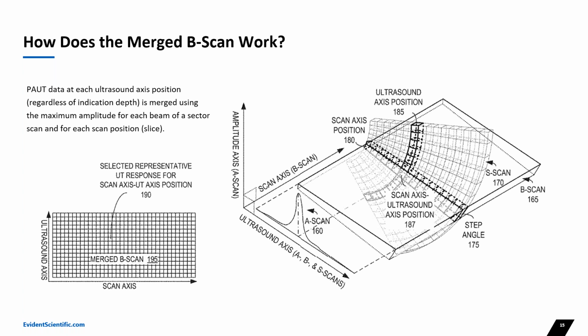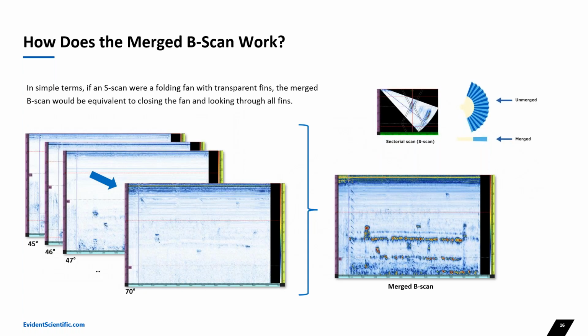So we're basically merging along the sound path, very close to that. Now that gets a little bit different with linear scans or compound scans. The more accurate answer is that we actually merge perpendicular to the propagation axis. But for a primary explanation, assuming it's along the sound path is not a bad approximation at all. Actually, for most sector scans, it is a very accurate approximation.